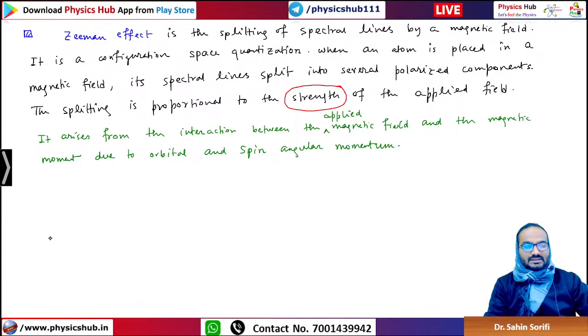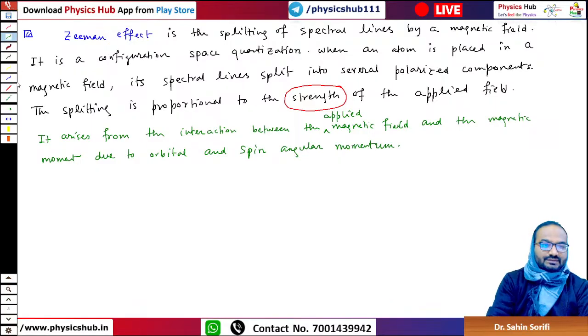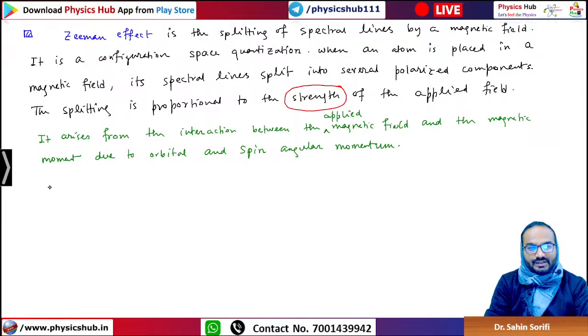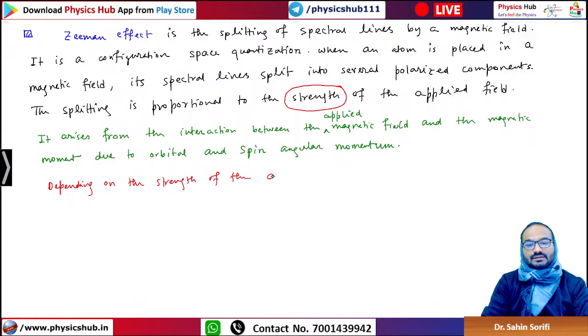Now, depending on the strength of the applied magnetic field, we get various types of Zeeman effect.